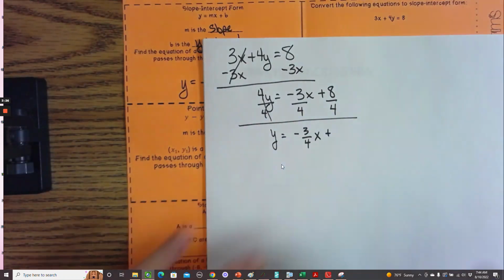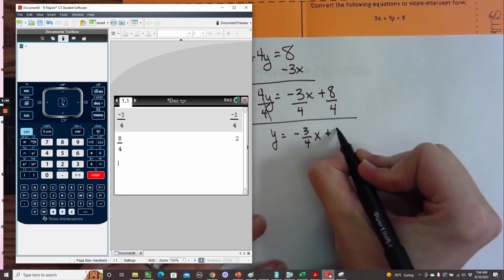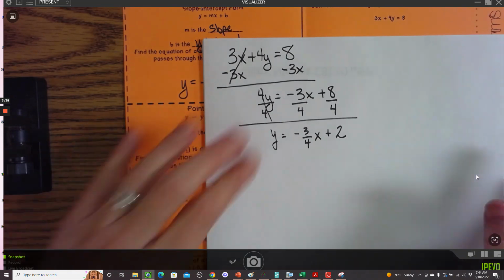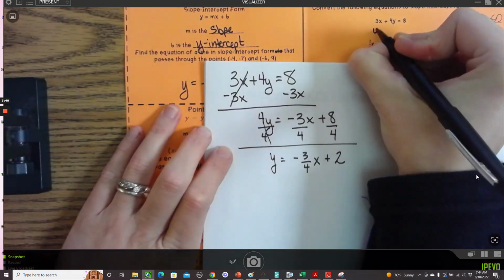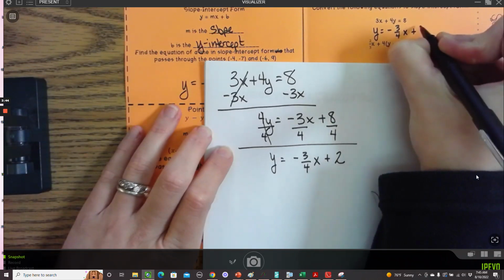Now 8/4 will simplify again. Some of you will be able to see it in your head. If you can't see it in your head, top divided by bottom in your calculator. Okay, and then that's it. That is my equation. y equals -3/4 x plus 2.